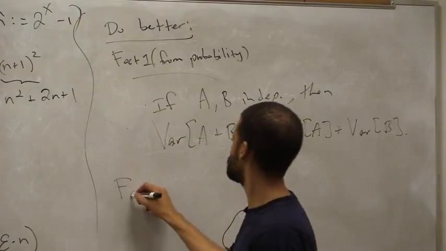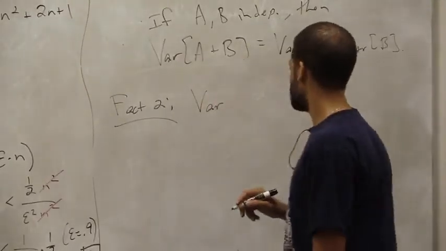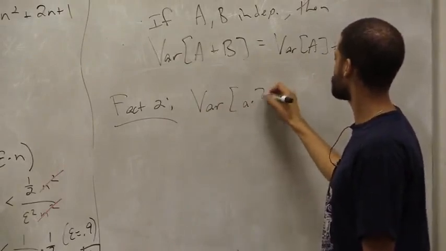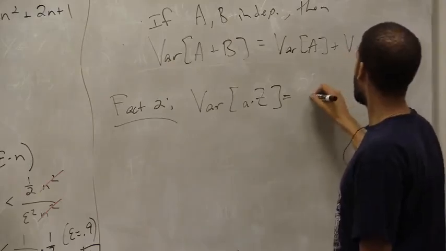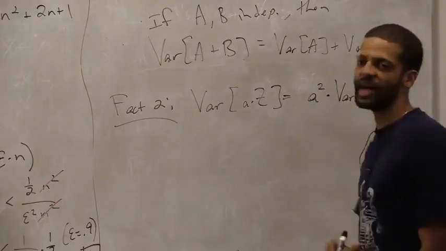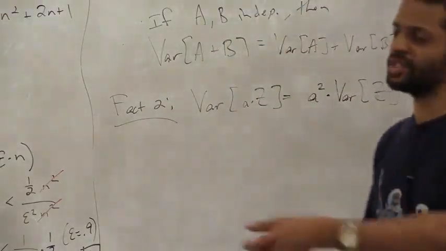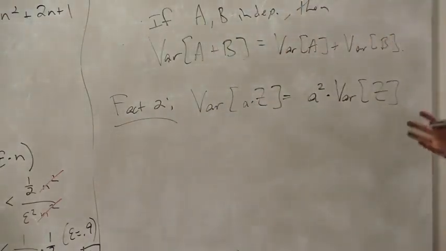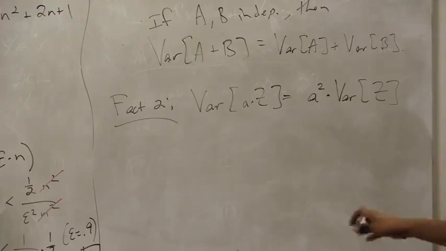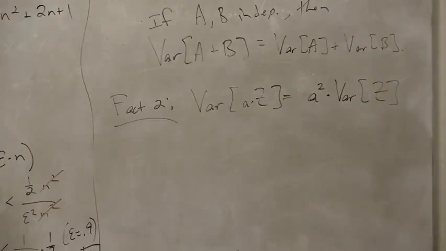And fact 2 is that the variance of a scalar times a random variable is equal to A squared times the variance of that random variable. So it's not linear like expectation, where you can just pull the scalar out. Here, you have to pull out the square of that scalar for the variance. This just follows from the definition. So we can use these two things to do better as follows.